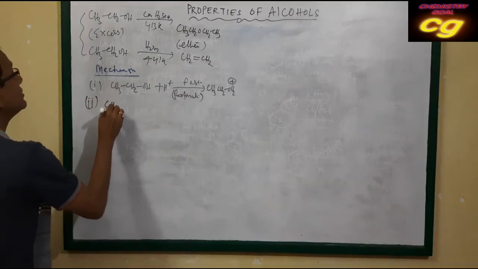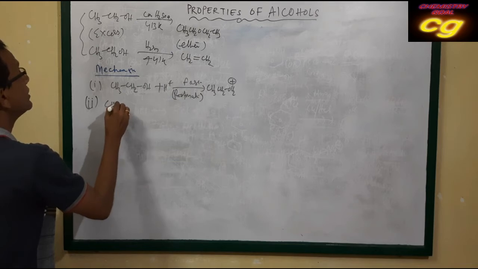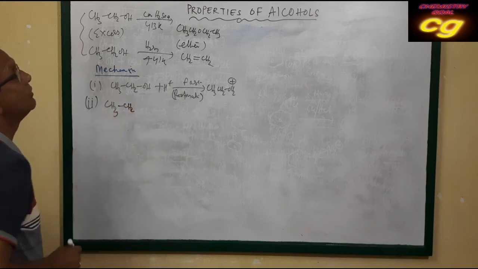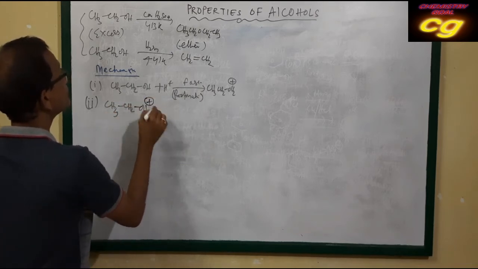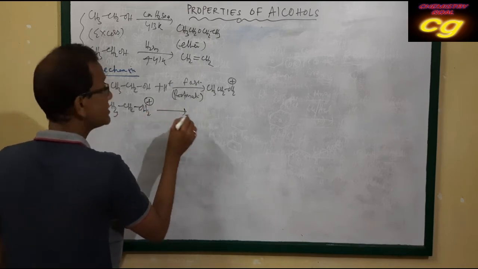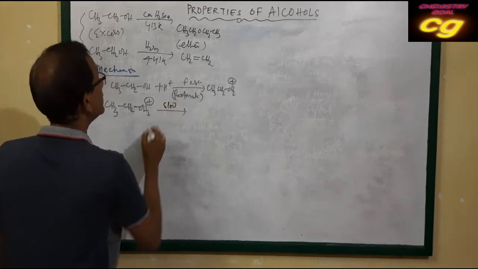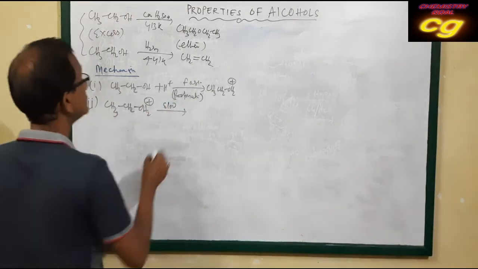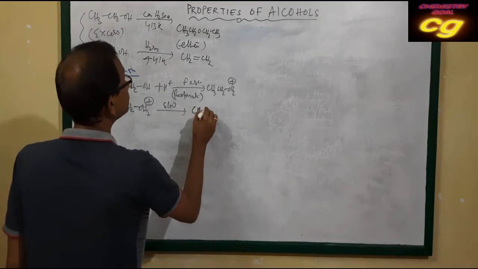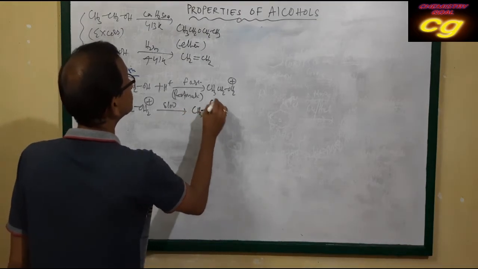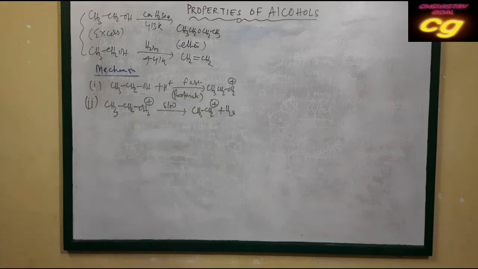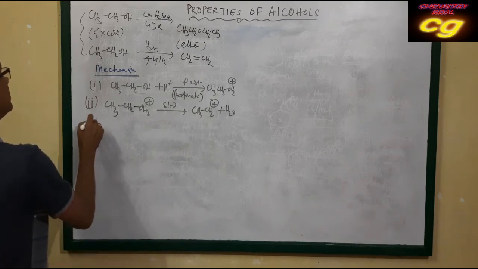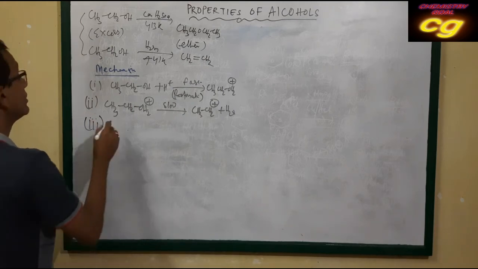Then in the second step, CH3CH2OH2 plus loses water. This step is the slow step and results in formation of a carbocation plus water. Then in the third step, deprotonation occurs.